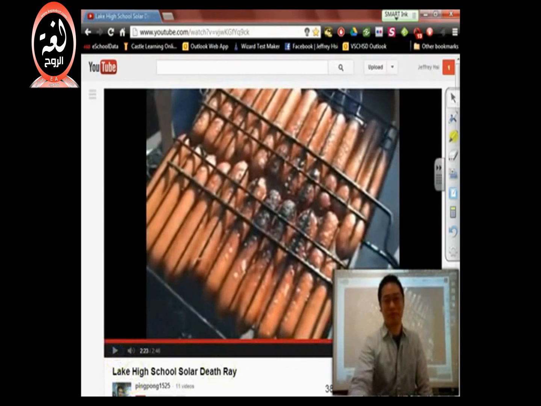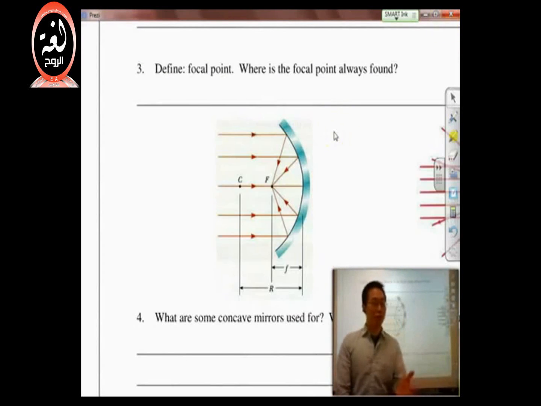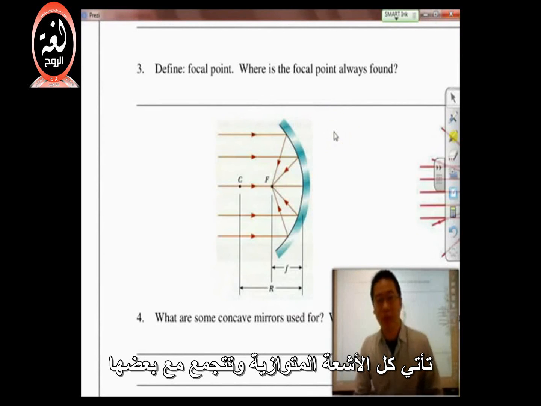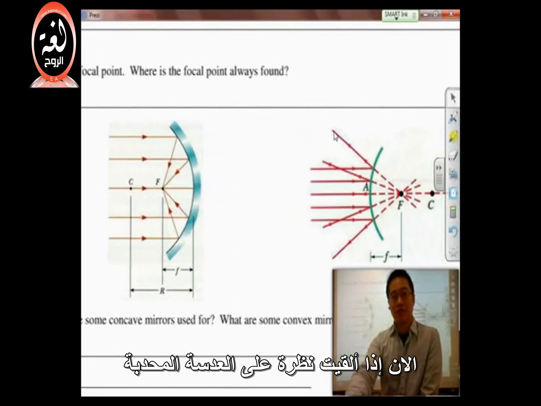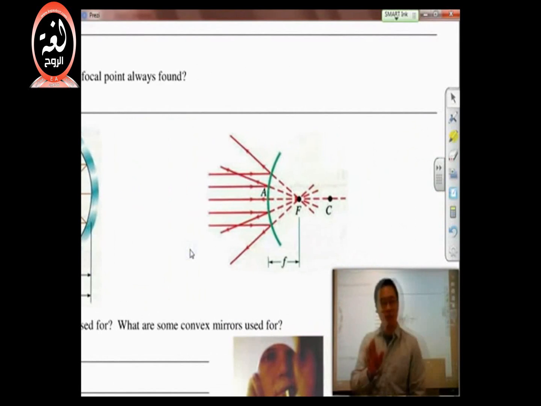Okay, so the focal point, where all the parallel rays of light will come together. Now, if we take a look at the convex mirror, though, it gets a little bit trickier.